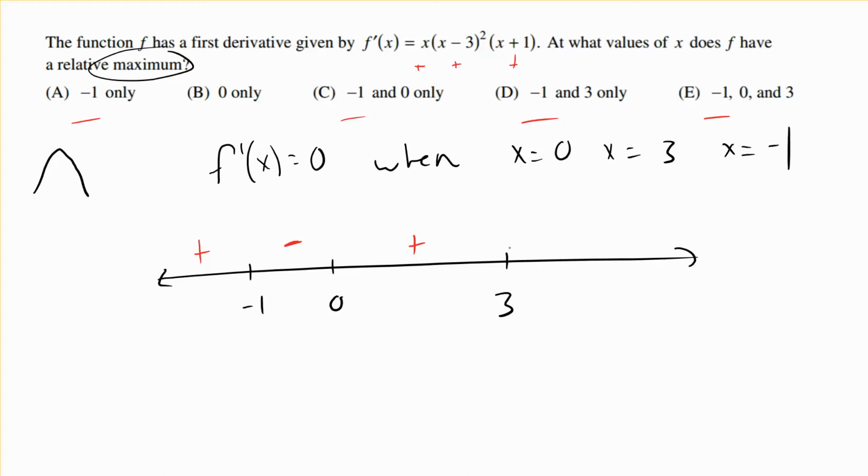After that, let's take a look at like 4, 5, or 6. I think I'm going to go positive, positive, positive again. So it looks like the only time it's an actual maximum is when it goes from increasing to decreasing. So it's going to be negative 1 only.